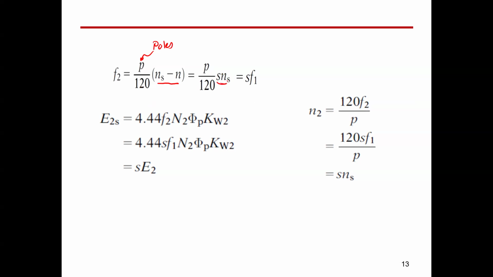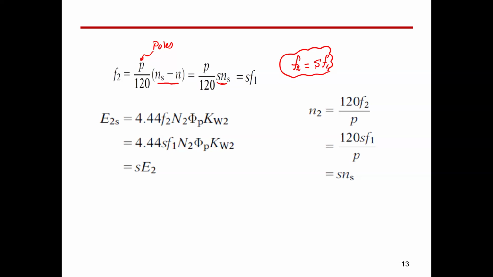And if you see here, Ns times P divided by 120 is nothing but F1, which is the supply frequency. So by the end, F2, the rotor current frequency, equals S, the slip, times F1. So this is the relation between the two frequencies.